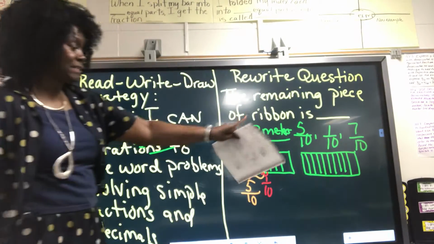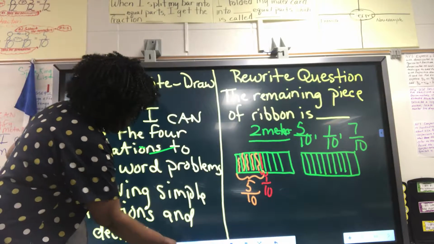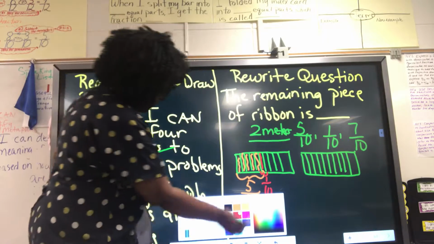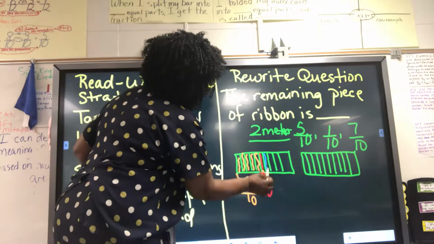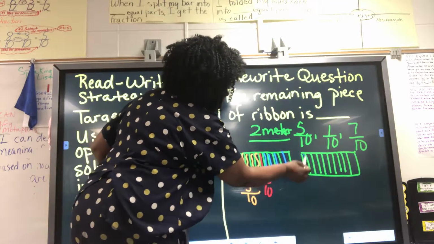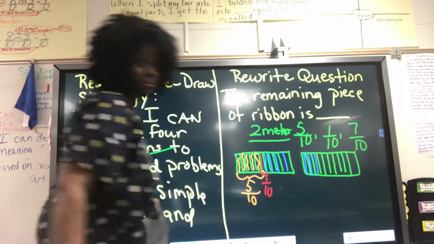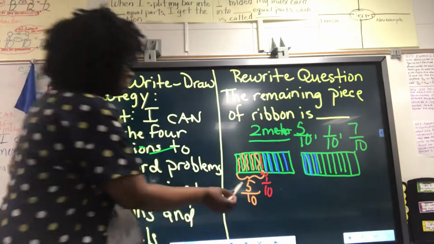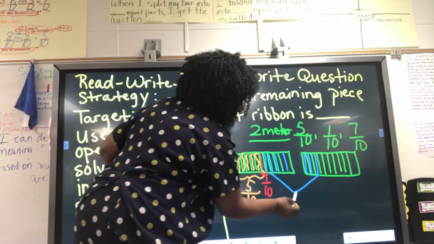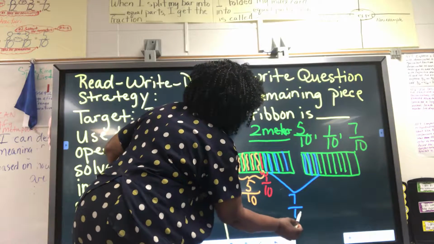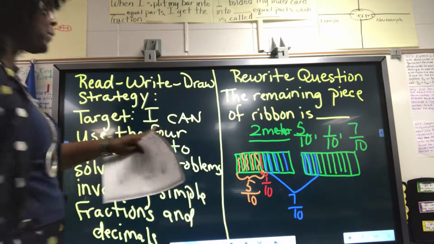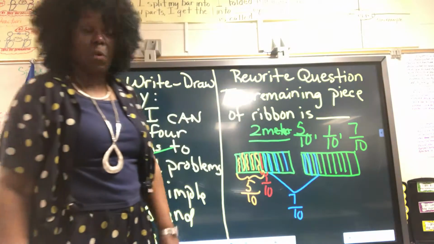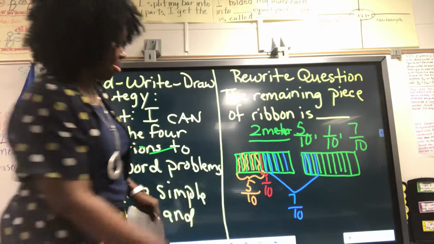And then we have 7/10 that we need to represent. So that's 1, 2, 3, 4, 5, 6, 7. That's 7/10. And again, we want to label that. All right. And then we're going to count what we have left. And remember, it says remaining. So what's remaining? Let's count it.